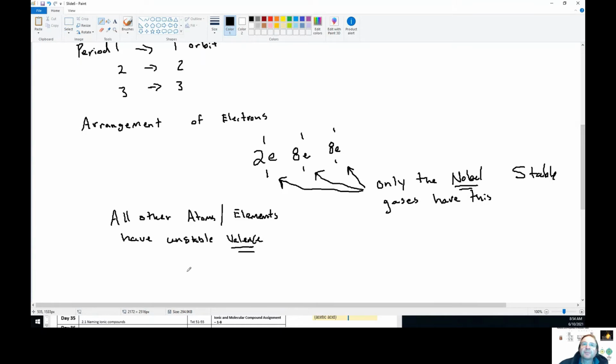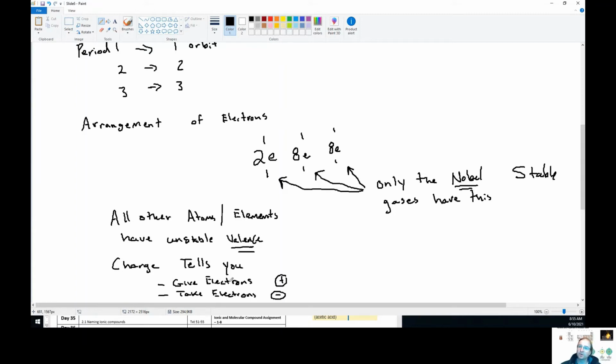Last point we want to put here about the valence is the charge tells you to either give electrons if it's a positive charge, and of course how many, or if it's a negative charge, it tells you to take, again for the valence.